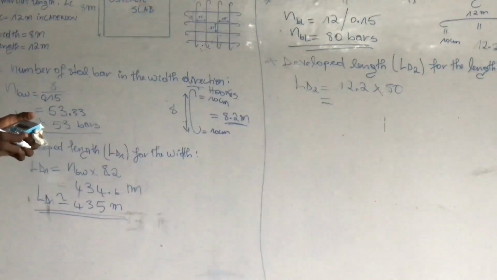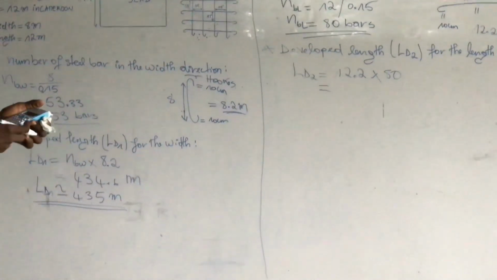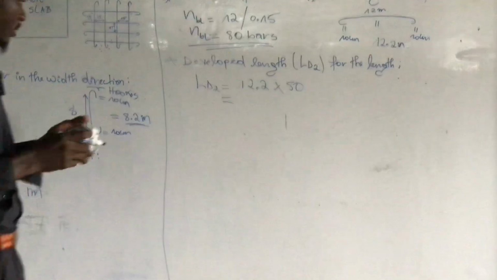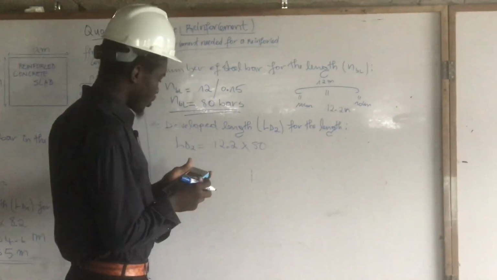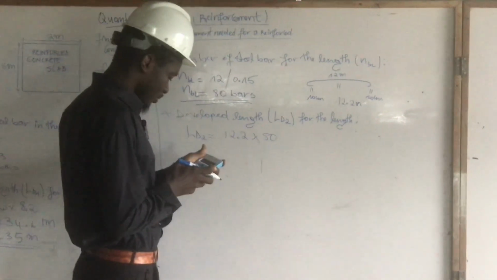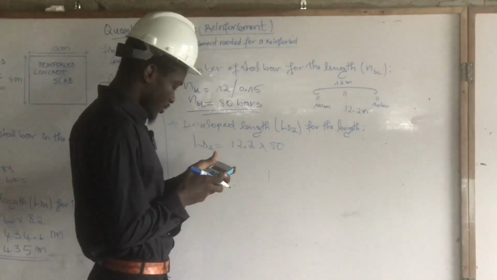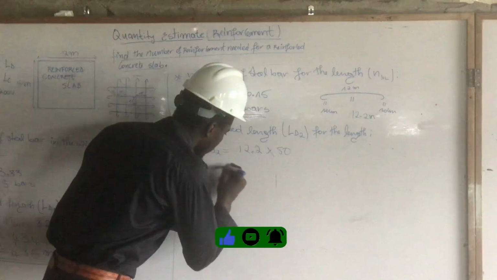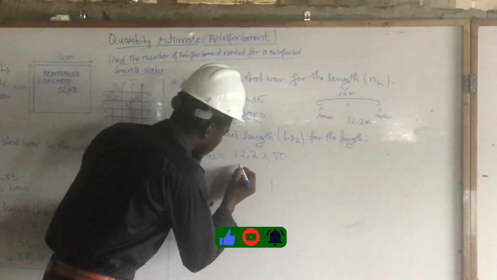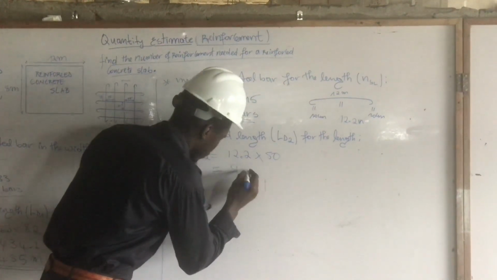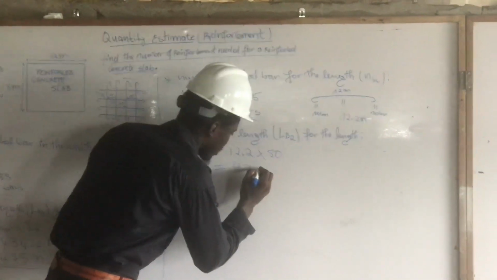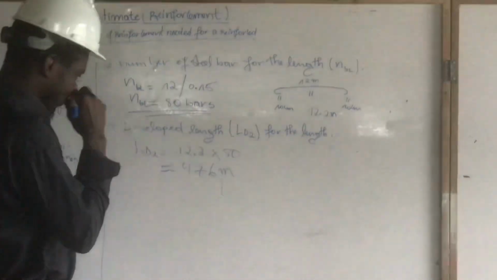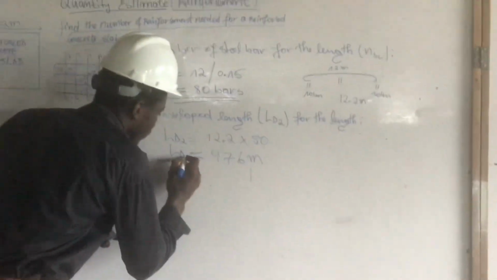You have 53 times 8.2, which gives exactly 435. So punching the value, the developed length will be equal to 12.2 times 80, which is going to give 976 meter. This is the developed length LD2 for the length.